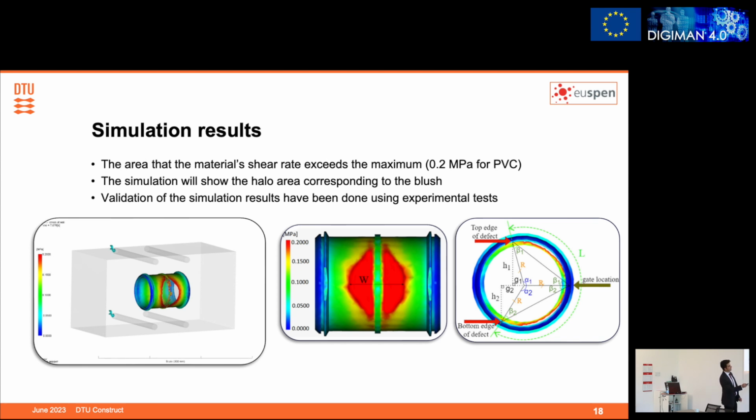The first one is the width of blush defect, and the next one is these lengths. So we used some equations to calculate these lengths based on having the upper and bottom edges of the blush defect. In this way, we will have these lengths, which will help us to calculate the area of blush defect. So we can compare the results of simulation with those of experiments.